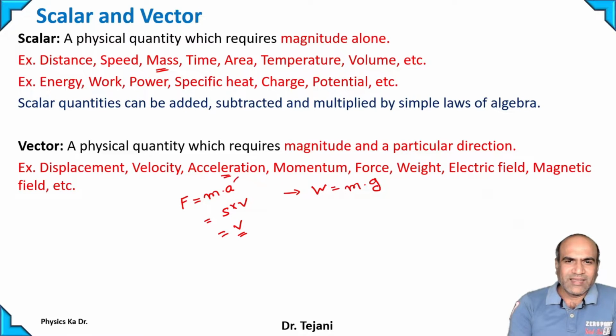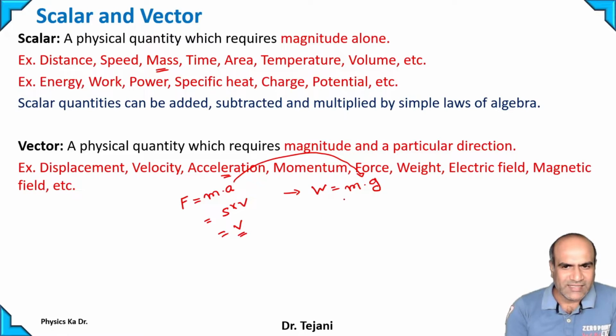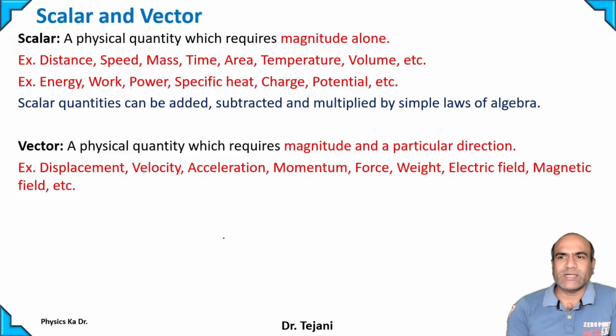So g and a both are brothers, and therefore W becomes a vector, right. Similarly, you can have electric field, magnetic field, etc. I simply suggest that you solve these remaining quantities, why these are in the vector group, and comment in the section below.